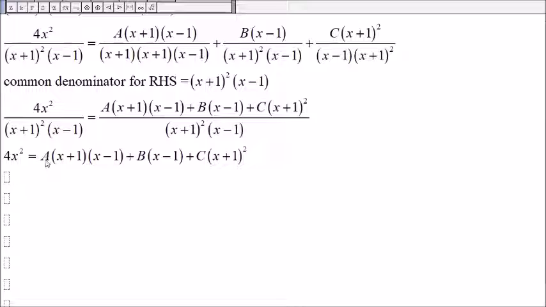And so now we need to figure out the a, b, and c. To figure out a, b, and c, look at the factor next to the constant, and then let x be something that will make the factor 0. So for example, we let x be -1.